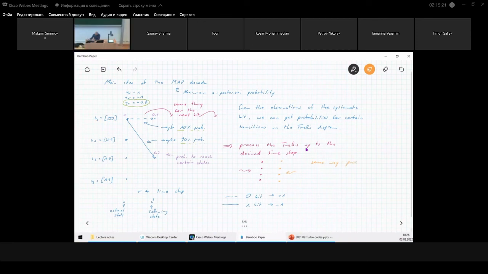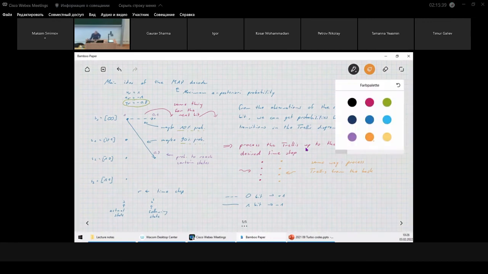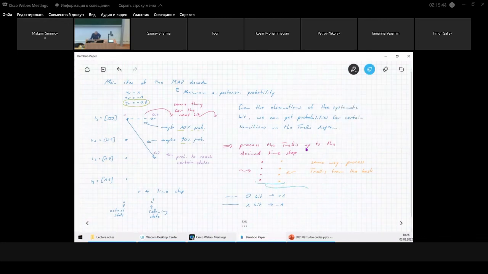So basically in the same way, process the trellis from the back. And basically from this, we get probabilities for certain pairs of states at any point in the trellis.